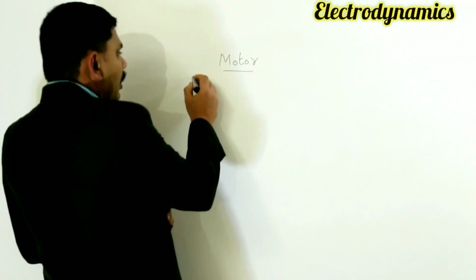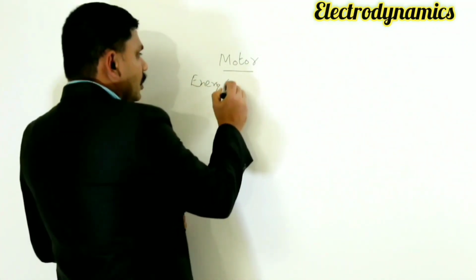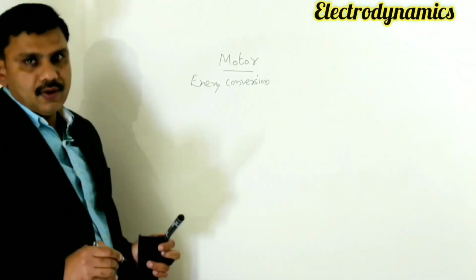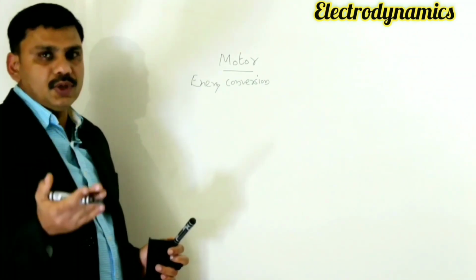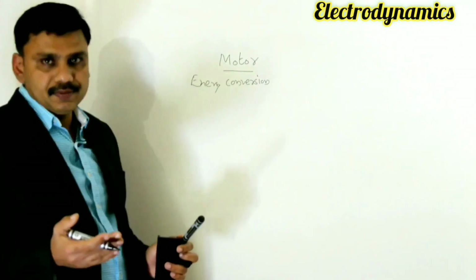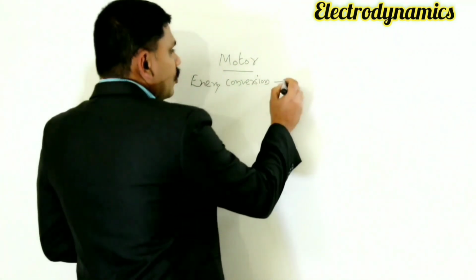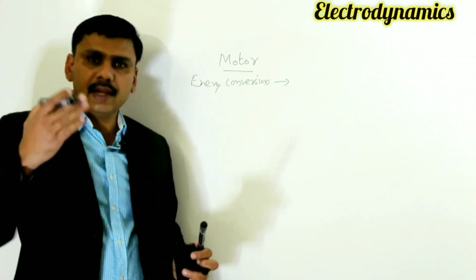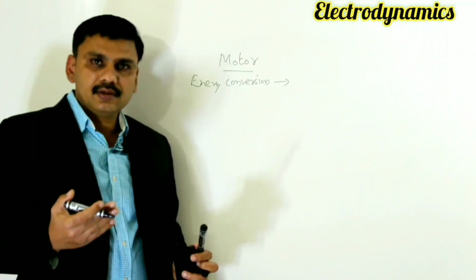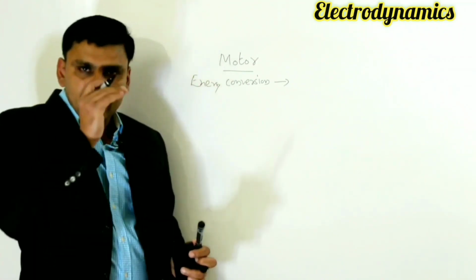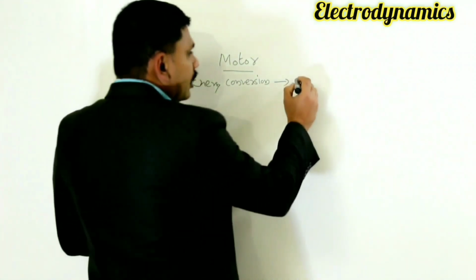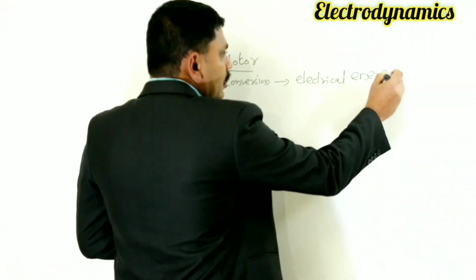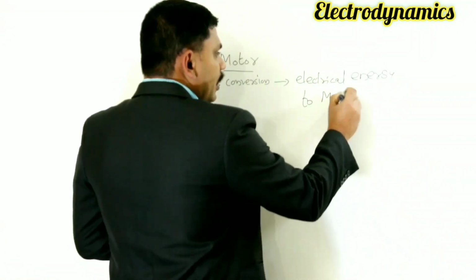First is energy conversion in a motor. What energy is converted into which form of energy? You can see a motor in grinding machines and in a fan, where something rotates. A motor converts electrical energy to mechanical energy.